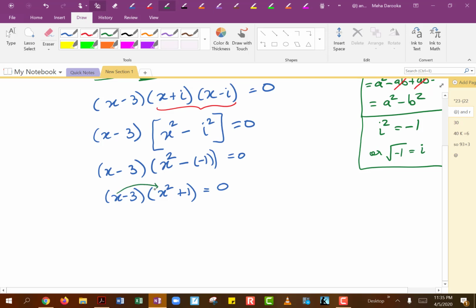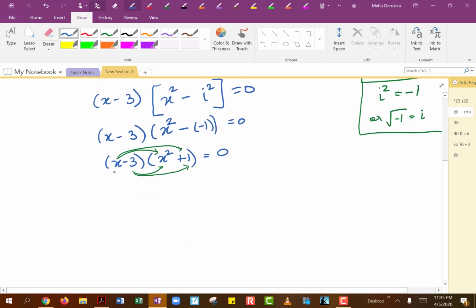So we'll start with our first, then the outer, then the inner, and then the last. That will give us x times x squared is x to the third power. x times positive 1 is positive x. Negative 3 times x squared is negative 3x squared. Negative 3 times positive 1 is negative 3.